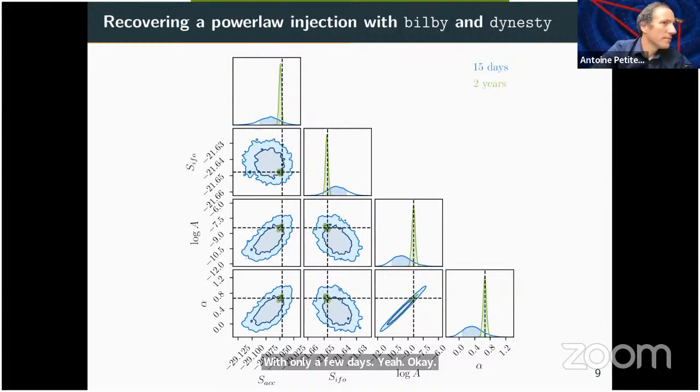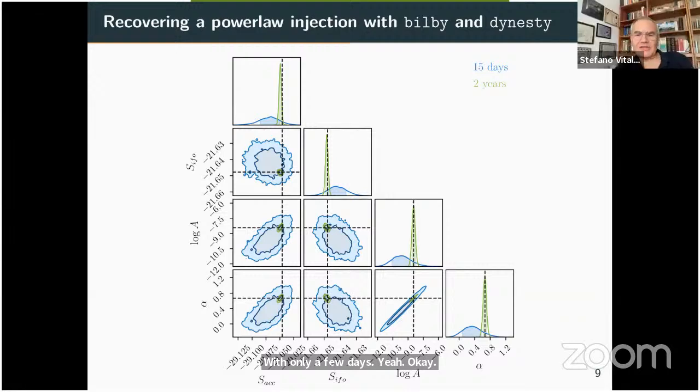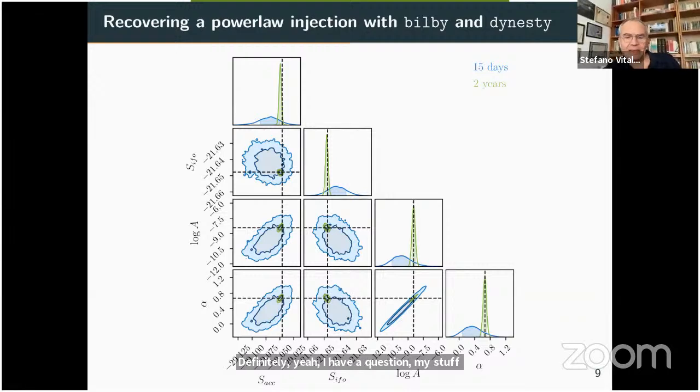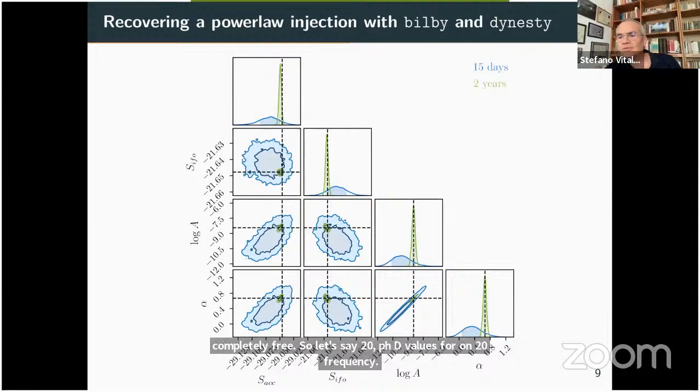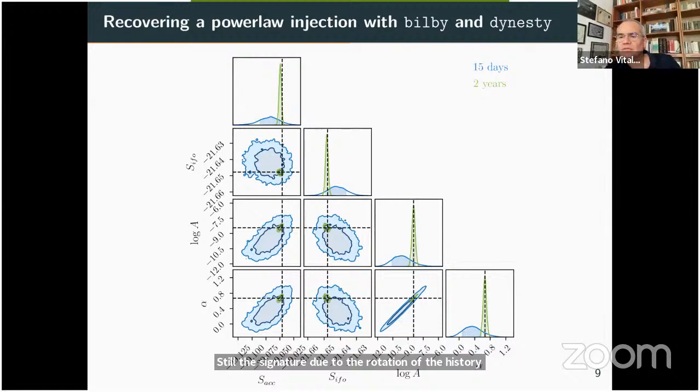Stefano? Yes, I have a question. Nice talk. Do you expect that if you leave the instrument noise completely free, so let's say 20 PSD values on 20 frequencies, the signature due to the rotation of the instrument would still allow you to differentiate a background from that?